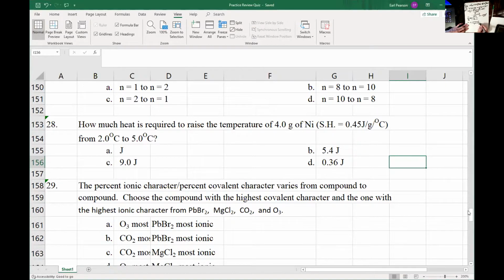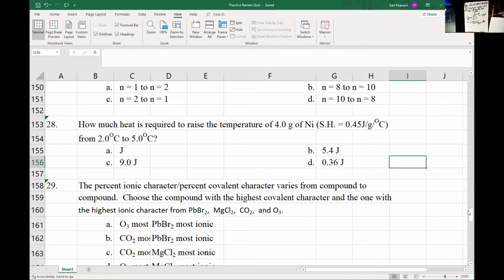I want to be sure that this is in grams. Sometimes they give you the specific heat in joules per mole. So double check your units. And now the temperature change, I went from 2 to 5, so it's going to be 5 minus 2, which is going to be a 3 right there.